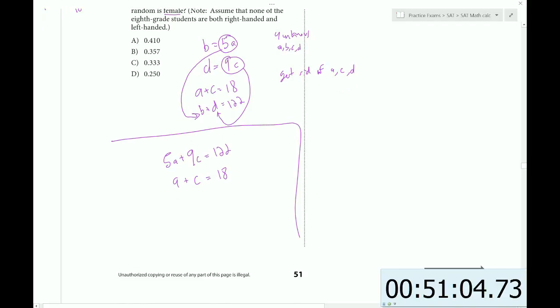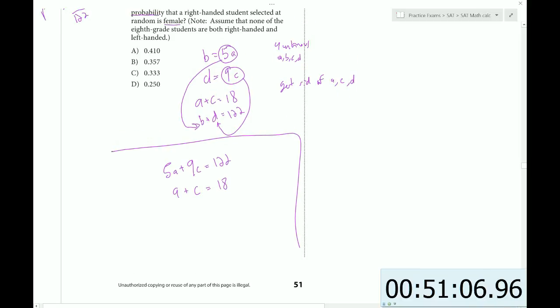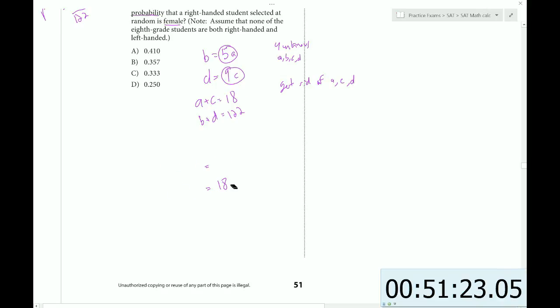And at this point, I also want to get rid of B. Well, technically I should have gotten rid of A, shouldn't I? Since I want to solve for B. So let's take a step back here. So we want to get rid of A, so let's isolate A in this first equation. So we'll make A equal B over 5, right?